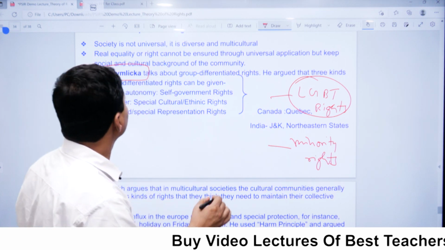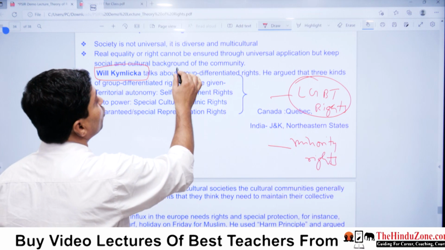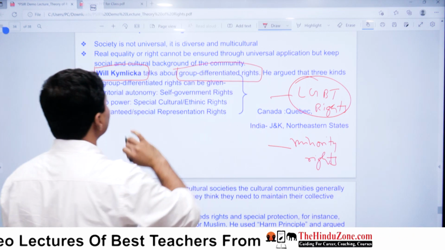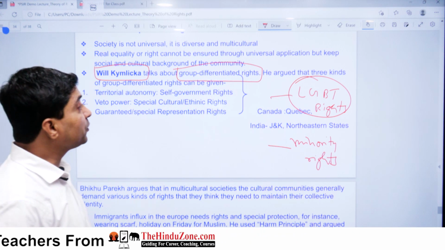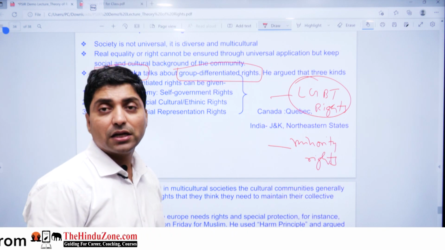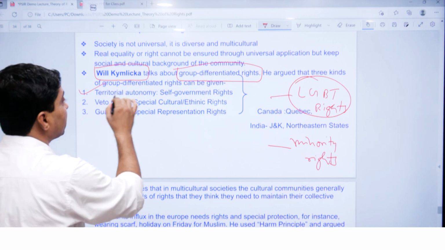Now come to Will Kymlicka, what he talked about. He talked about group differentiated rights. What are group differentiated rights? He talks about three sets of rights. One is territorial autonomy rights.